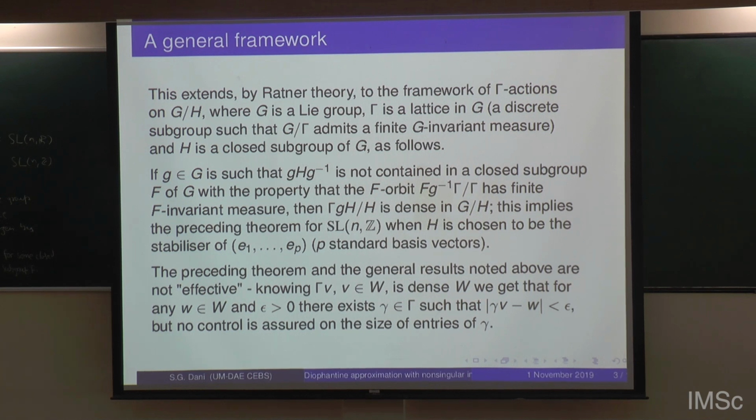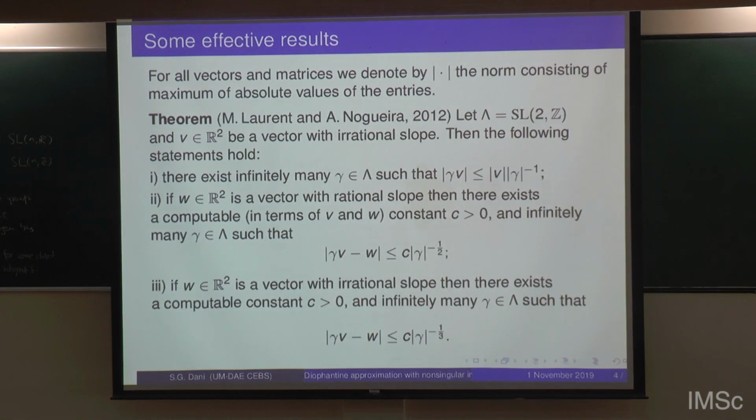So it will be illustrated by the next result, which is, so here are some effective results. Very effective results are known only in very limited cases, and as of now they're at quite an unsatisfactory stage. So that's the context that needs to be borne in mind.